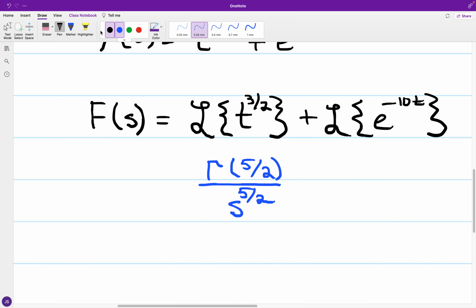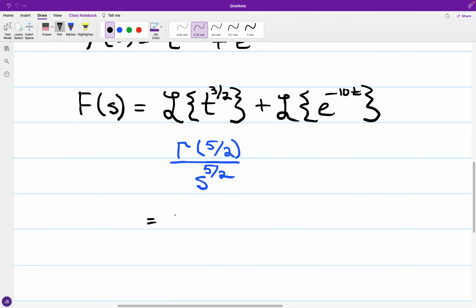And so for the Laplace transform of what we have in this problem, we have 3 times the square root of pi all over 4 times s to the 5/2, plus 1 all over s plus 10.